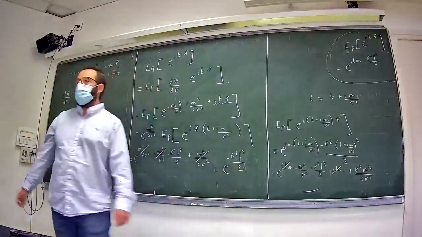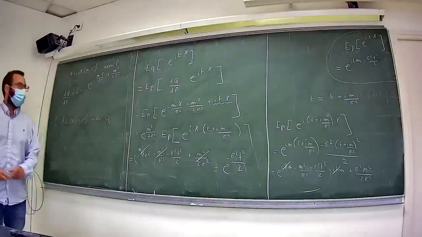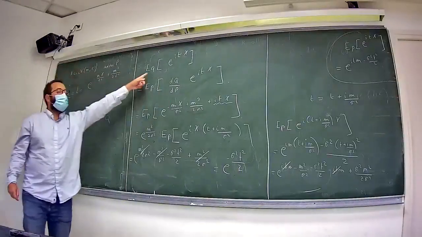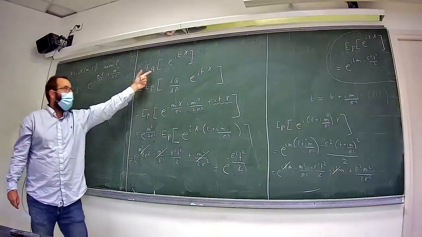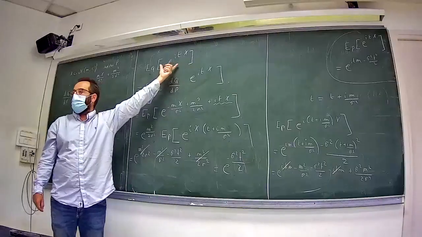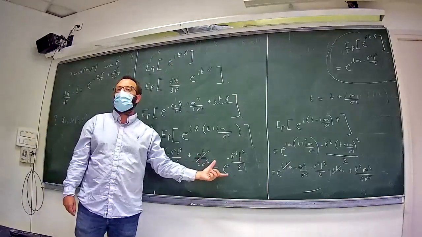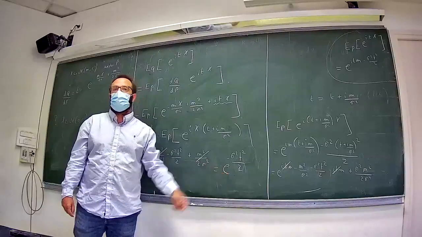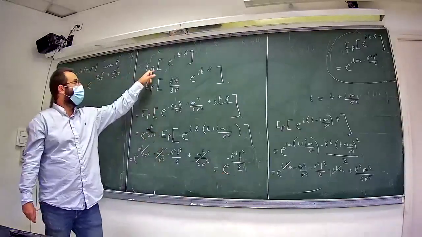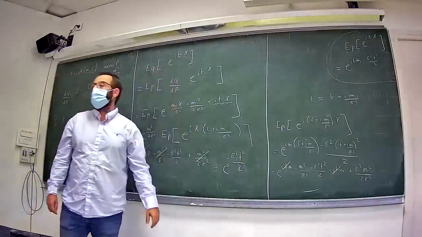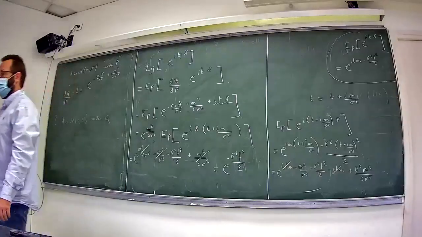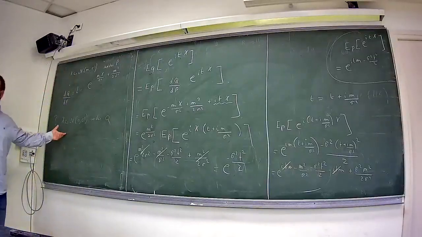And so you have done the job. You have proved that under the new probability Q, the moment generating function of x under Q is given by exponential minus sigma square t square over 2, proving that under Q, x follows the N(0, sigma square). It's exactly what I want to prove.